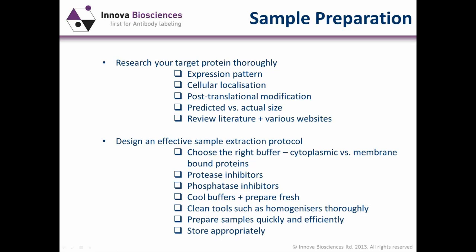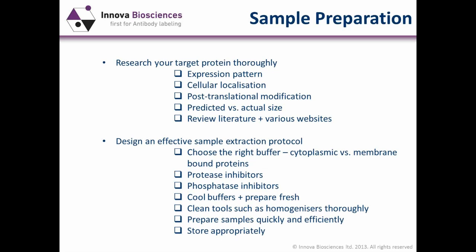And in regards to the proteins, once you've extracted them, make sure that you store them appropriately. Don't freeze them in 1 ml aliquots and undergo multiple freeze-thaw cycles. All you're going to result in is your protein being degraded over a period of time.